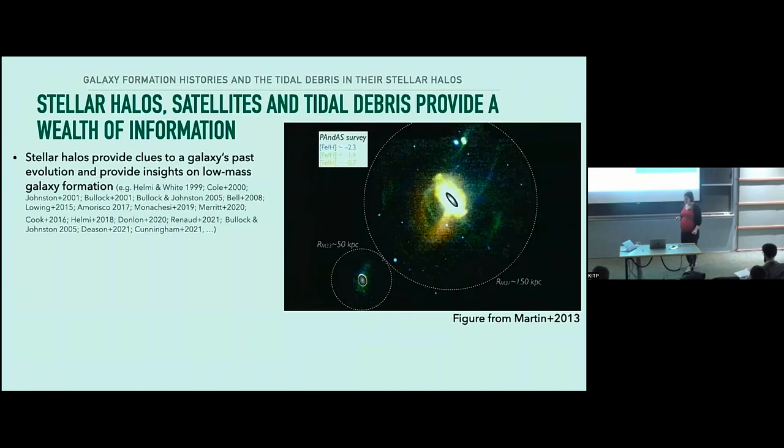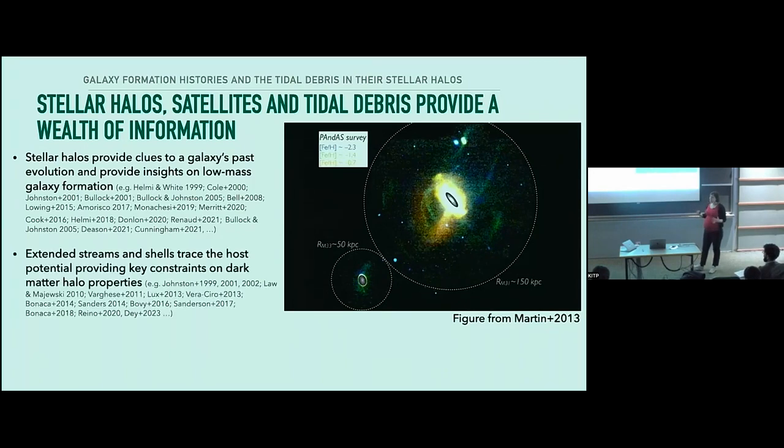And that leads me to the general point that stellar halos, satellites, and their tidal debris can provide a lot of information, sometimes separately, sometimes in addition to information that you get from the galaxy itself. And they can provide clues to a galaxy's past evolution and insights in lower mass galaxy formation of all the satellites that have fallen in.